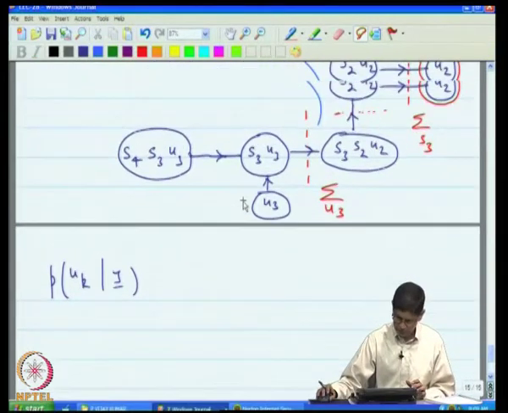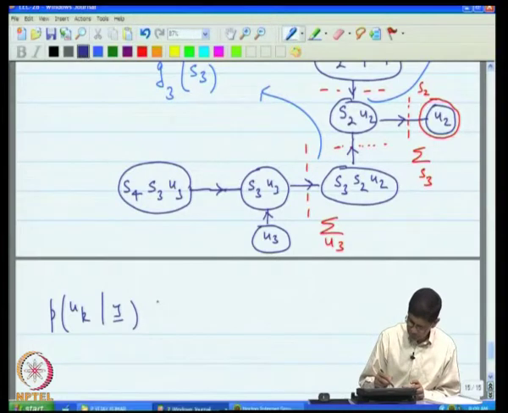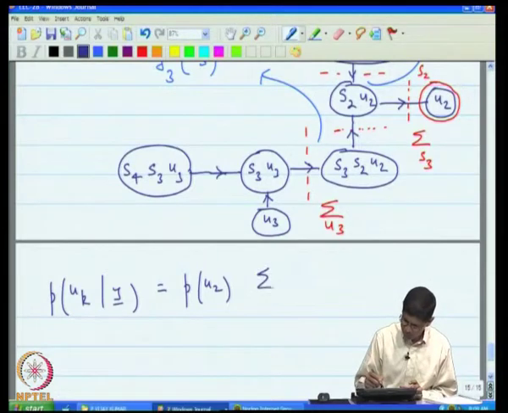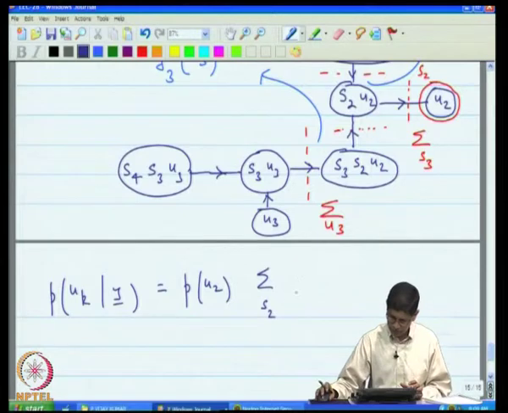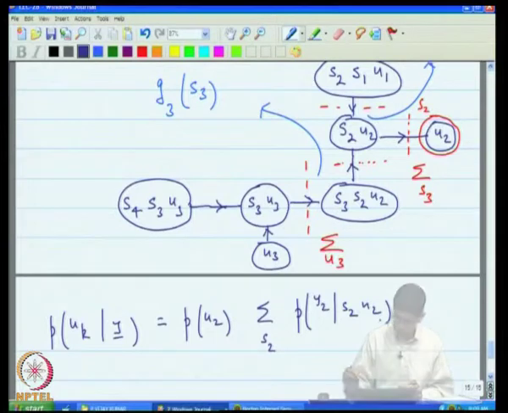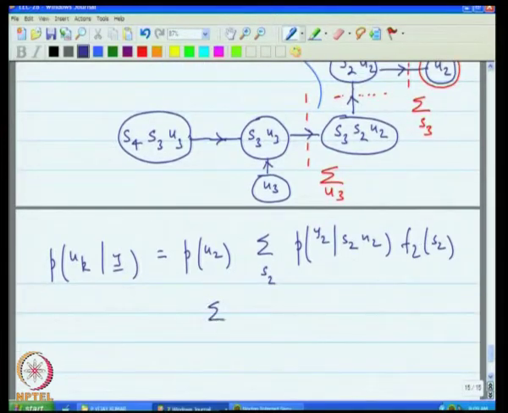So, this objective function is now going to be p of u2, that is the local kernel there, times a marginalization over state S2, and the terms involved there are p of y2 given S2 u2, f2 of S2, and then there is a marginalization over S3 of G3 of S3 times P of S3 given S2 U2.